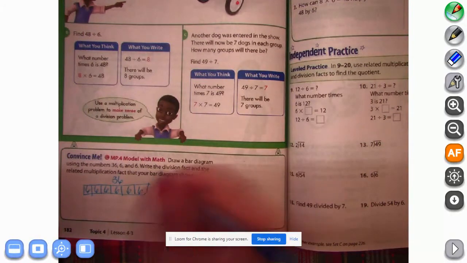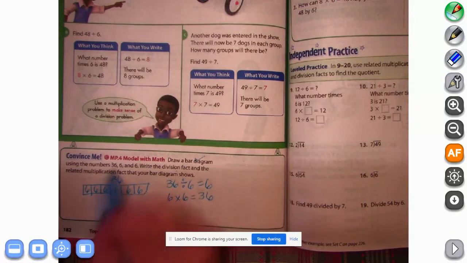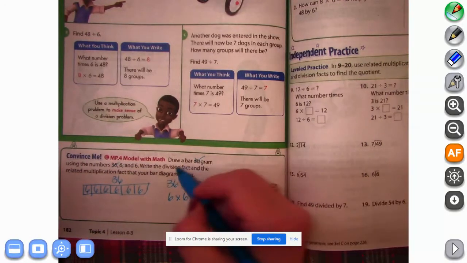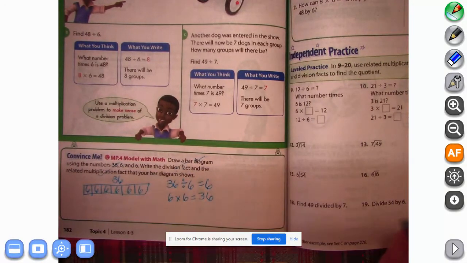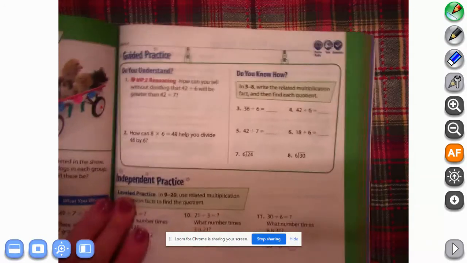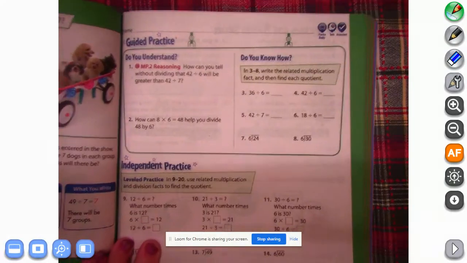We did our bar diagram using 6, 6, and 36, and we wrote our division fact and our multiplication fact. We're all done.